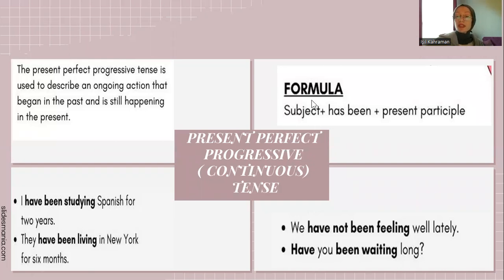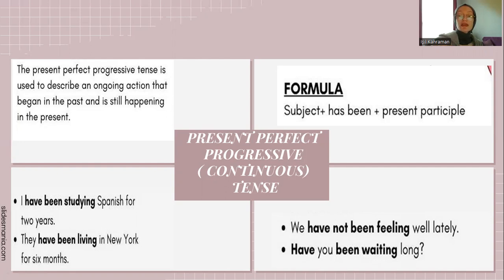So let's look at the formula of the present perfect continuous tense. In all tenses we have to use a subject. Then we learned that in present perfect tense there is has or have. But when we come to the progressive tense, we add the verb be, plus the present participle.